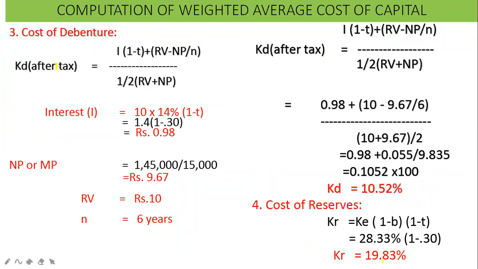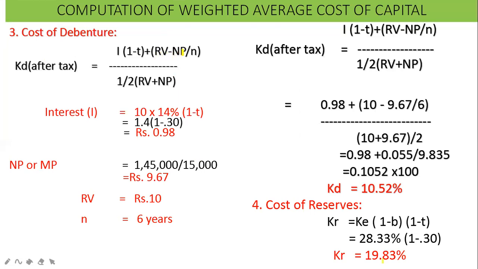Now coming to the calculation of the cost of redeemable debenture. To calculate this, we apply the after-tax cost. That is, the tax rate is applicable here because the debenture is a borrowed fund. So after the debenture interest only, we are calculating the taxes. To calculate the cost of debenture after tax, this formula has to be taken into account: I into (1 minus T) plus (RV minus NP) divided by N, over 1 by 2 into (RV plus NP).